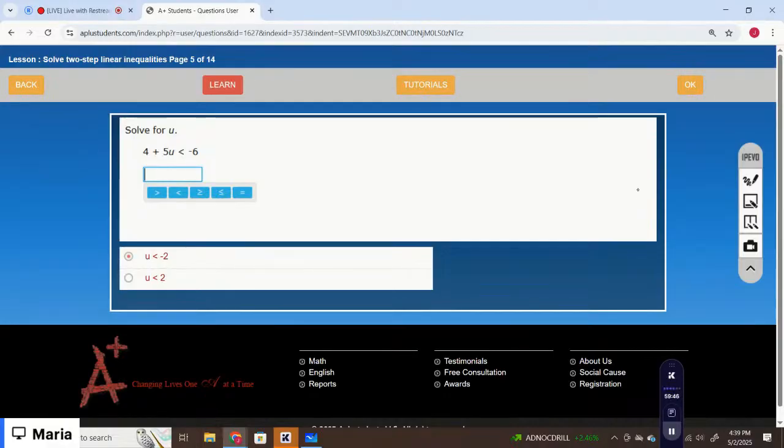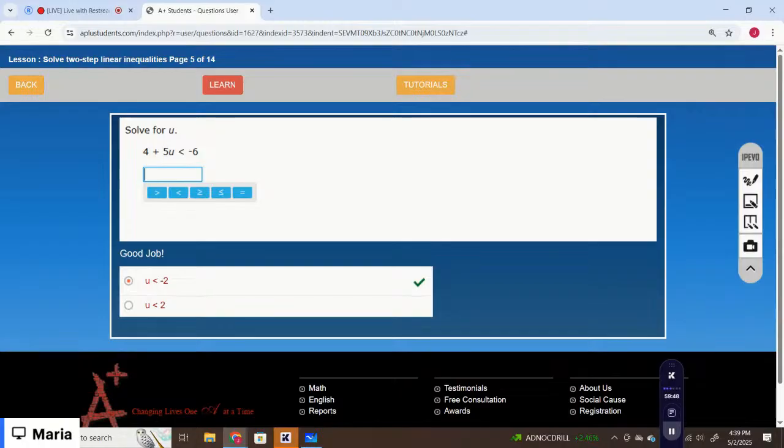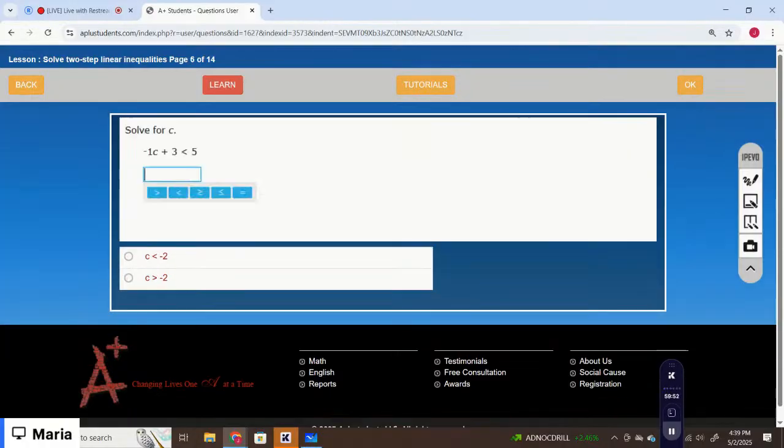Less than negative 2. Option number 1 is the correct option. Okay, you can complete the lesson by yourself here today.